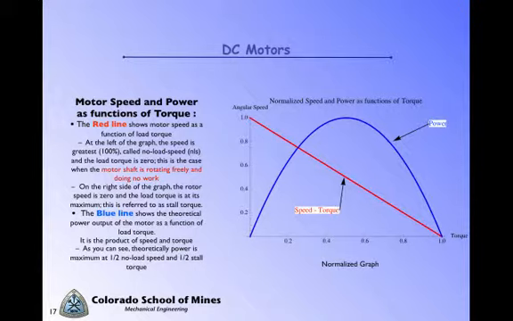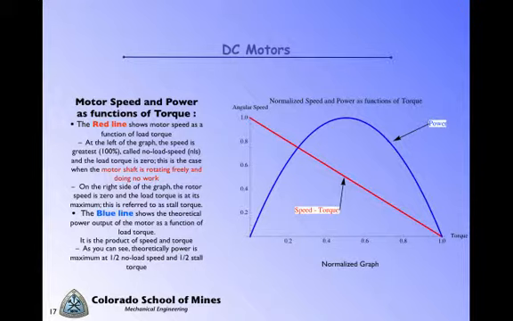So with no load on the motor, it will spin at whatever speed it's capable of. On the other hand, if we grab hold of that motor and make it stop turning, then it's experiencing a torque, a load torque, sufficient for it to stall, as we say. And that's the point down on the x-axis where torque is equal to 1 and velocity is equal to 0.